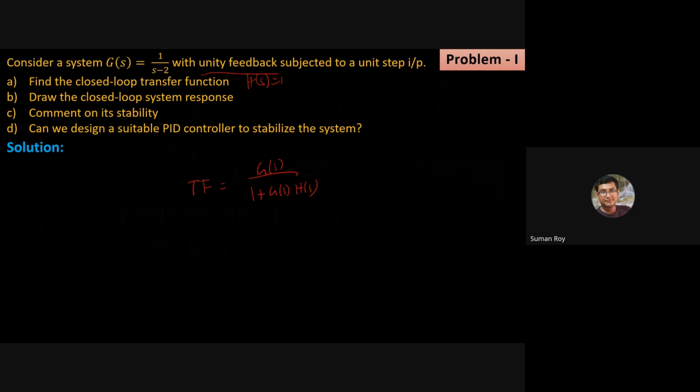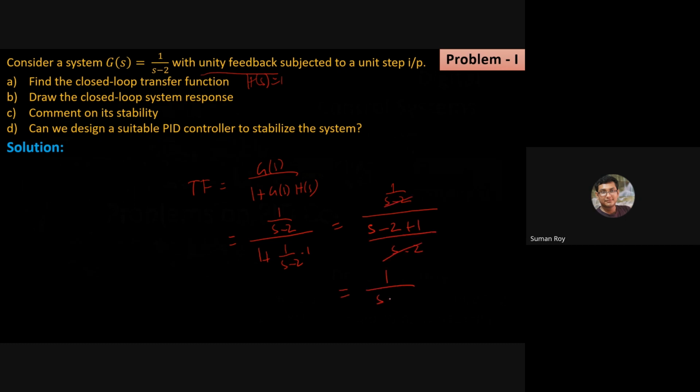1 plus G(s)H(s). If you put the value of G(s) and solve, then you will get this kind of answer. This is just a simplification, nothing much. s minus 2 will cancel out.